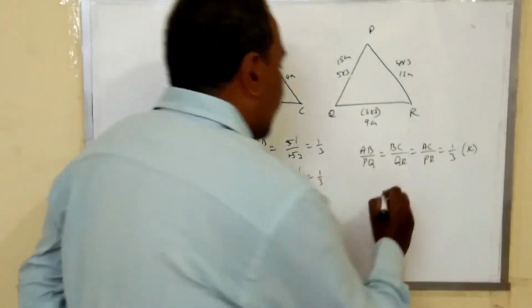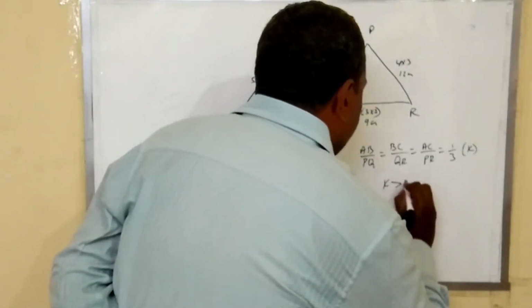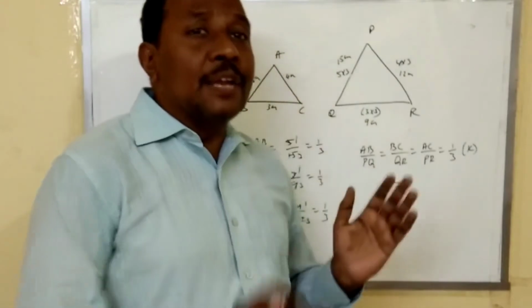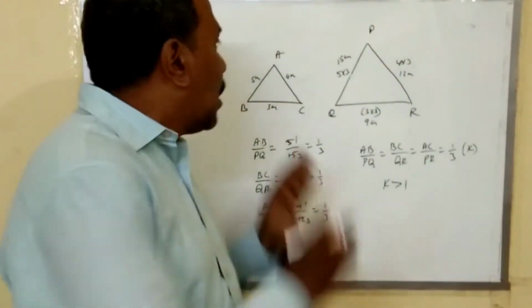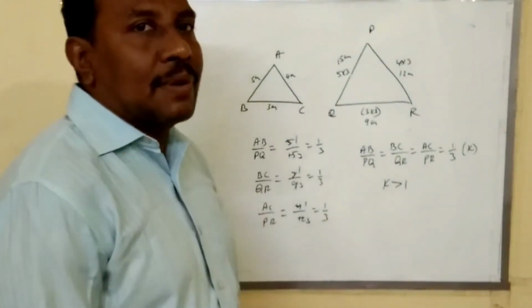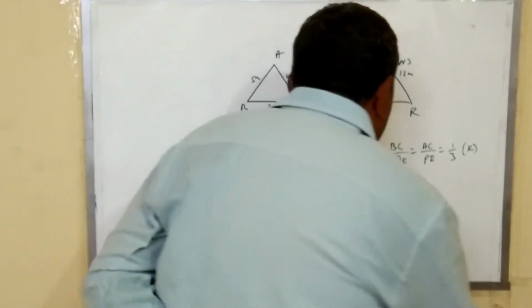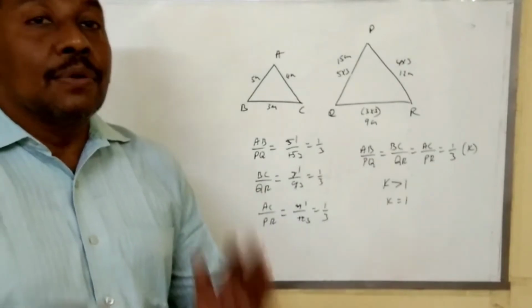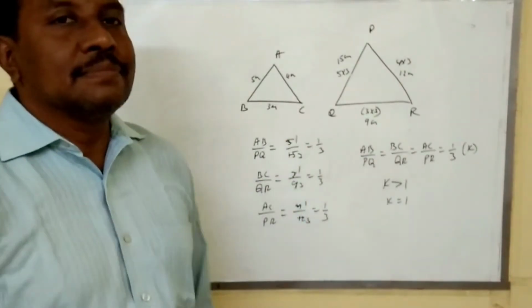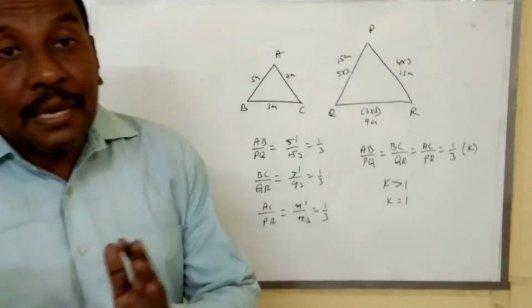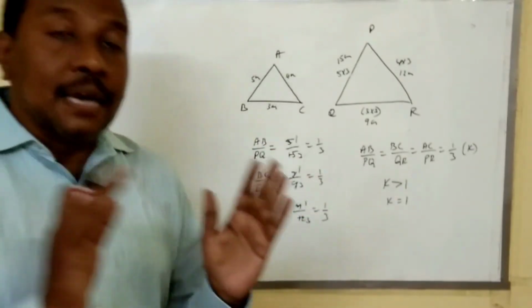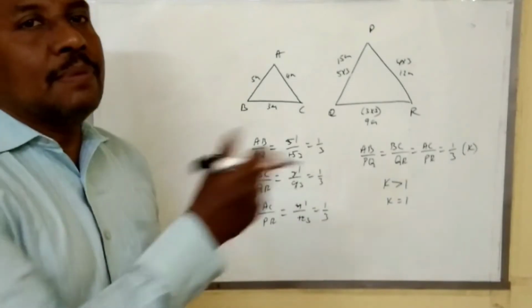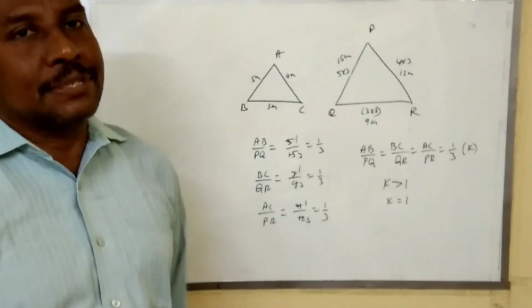If K is more than 1, then you will get an enlarged figure of the original one. If K is equal to 1, you will get congruent figures. That means the corresponding angles are equal and the corresponding sides are equal, so both of them will become congruent.